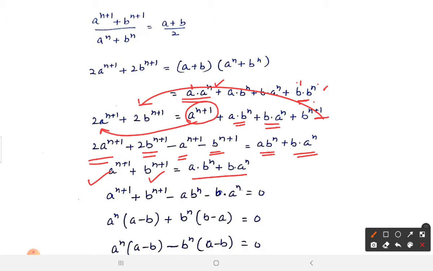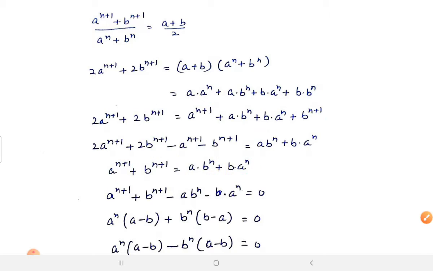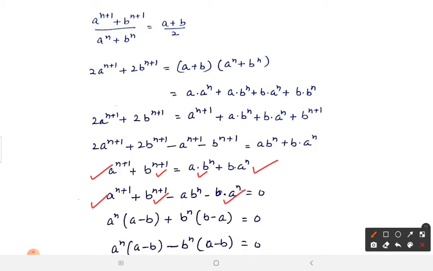What we want is to combine this a^(n+1) with the power of a^n, and b^(n+1) with b^n. So let us combine this with this and this with this. When we combine a^(n+1) minus a^n into b, taking a^n common, here we will get a minus b.